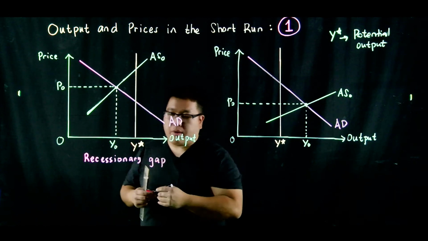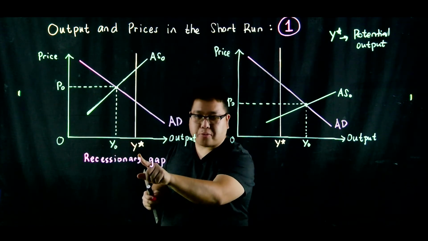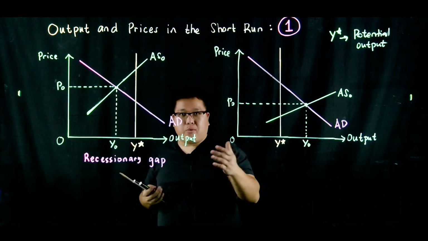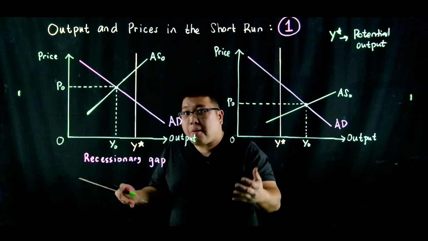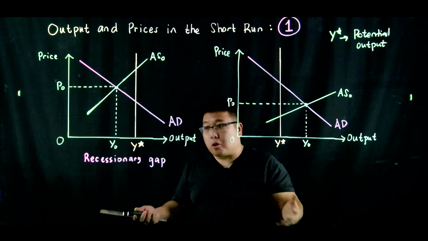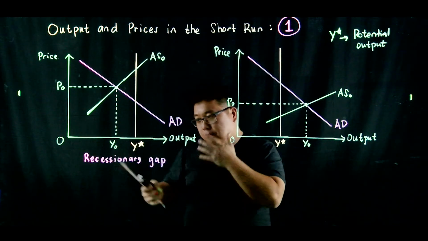When our economy is producing less than its potential output, there are inputs that are not being used in the economy. So in other words, there might be surplus labor, there might be surplus physical capital, there might even be surplus land. So in other words, there are inputs out there that are not being used.